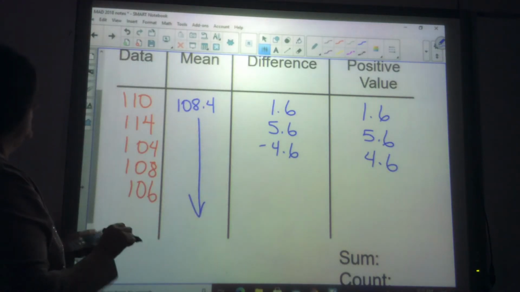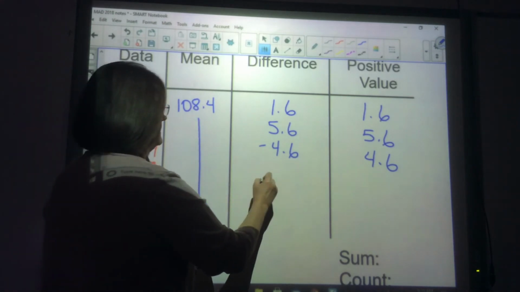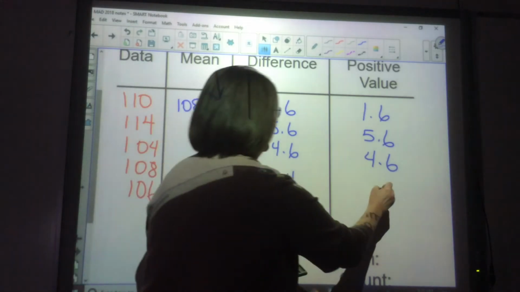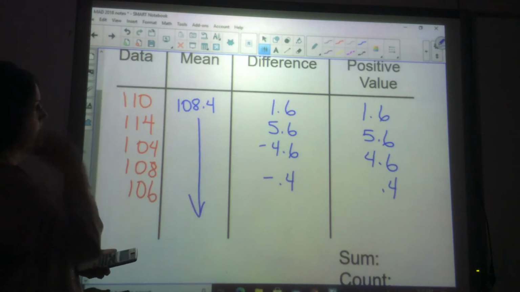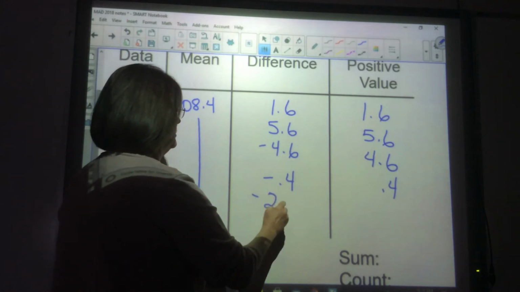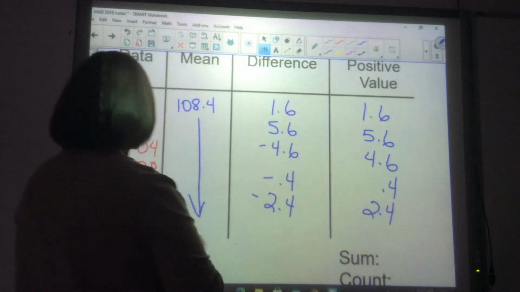All right, and then 108 minus 108.4 is negative 0.4, but we want positive 0.4. And 106 minus 108.4 is going to give us negative 2.4, and we want positive 2.4.